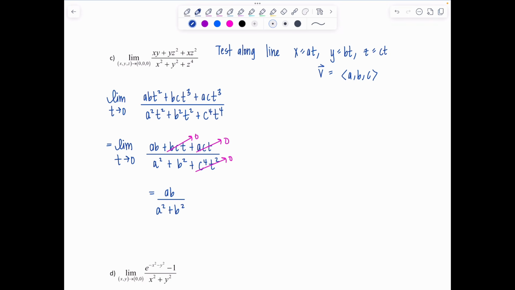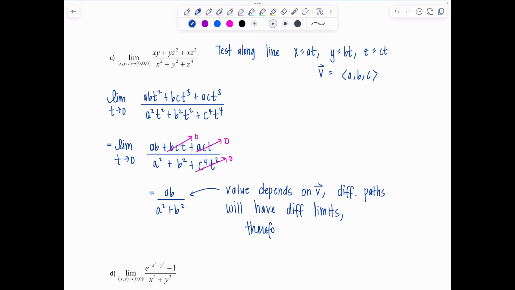Now, since the value of this limit depends on the direction vector v, different paths will have different limits, right? Therefore, the limit doesn't exist.